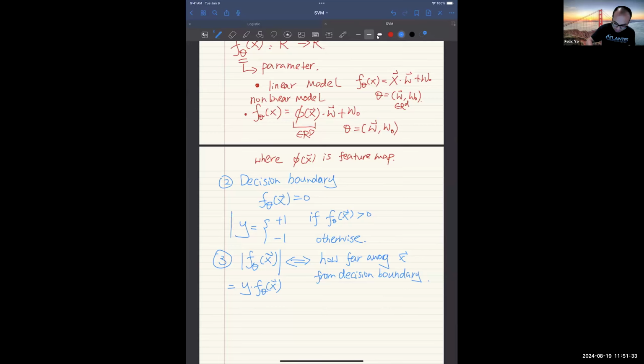And as I said, the sign of f theta of x predicts the class.